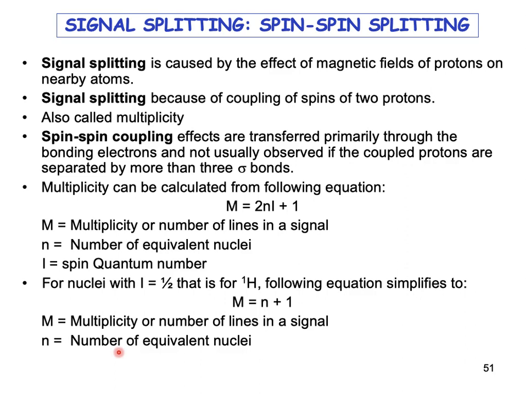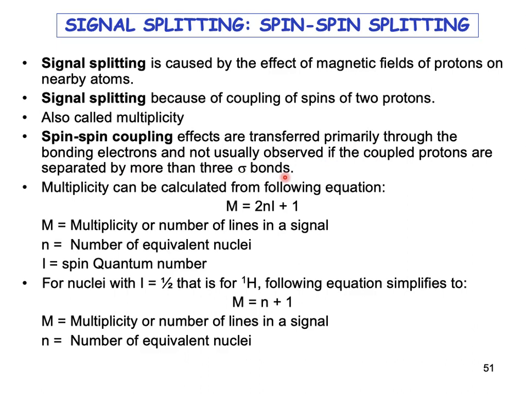So signal splitting is because of the coupling of the spins of two protons, telling us the environment of the protons. It is also designated as multiplicity. The spin coupling effects are transferred primarily through bonding electrons, and are not usually observed if the coupled protons are separated by more than 3 sigma bonds.